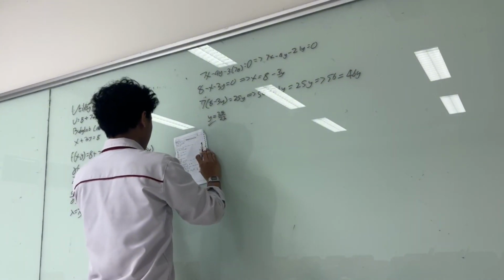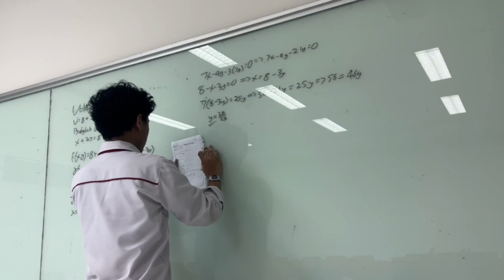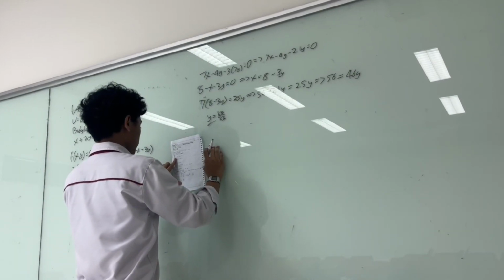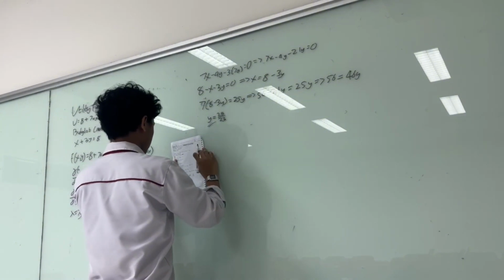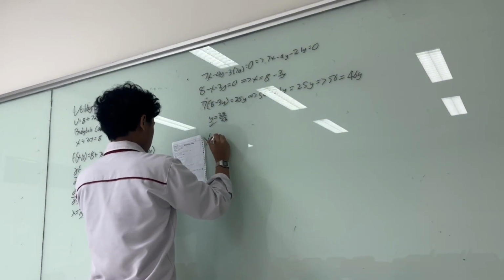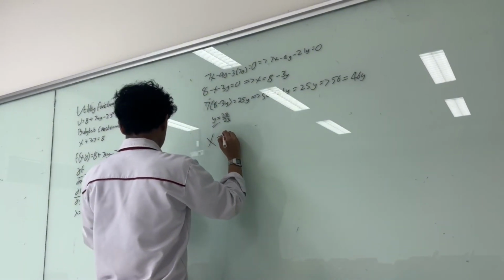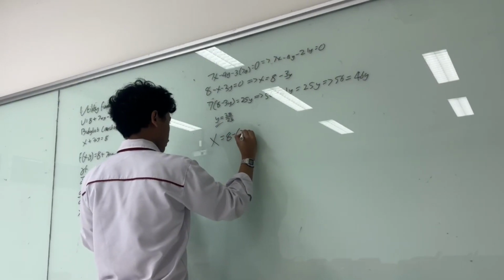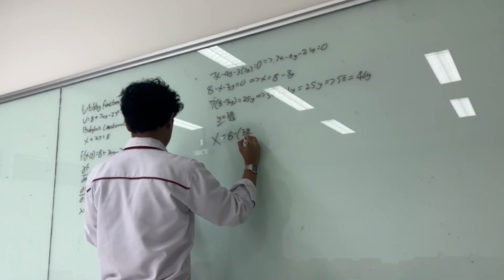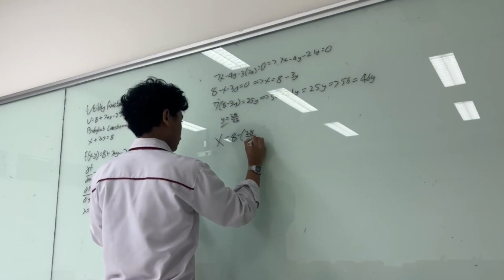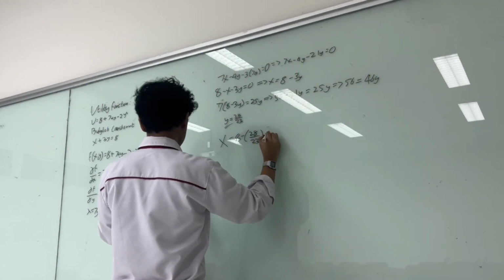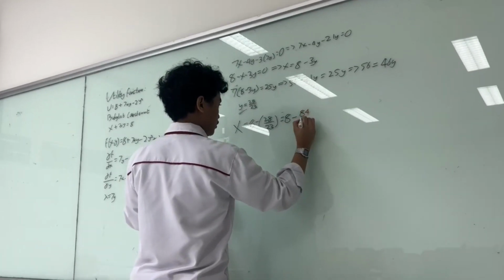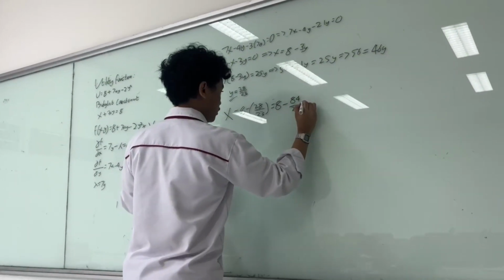And then we have to substitute y equals 28 over 23 into 6, like this. X equals 8 minus 3 times 28 over 23, which is 8 minus 84 over 23.